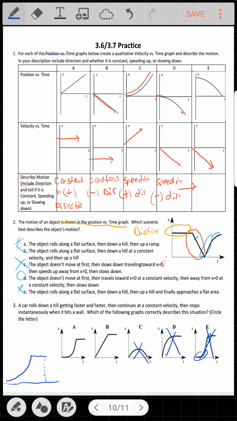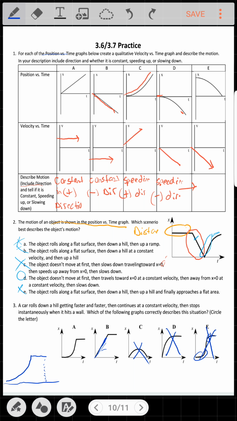This one shows you at a constant velocity. This is constant speed. This one shows a constant speed. So this is no velocity change. I apologize, to make sure that this line would represent no velocity is what that line would represent.